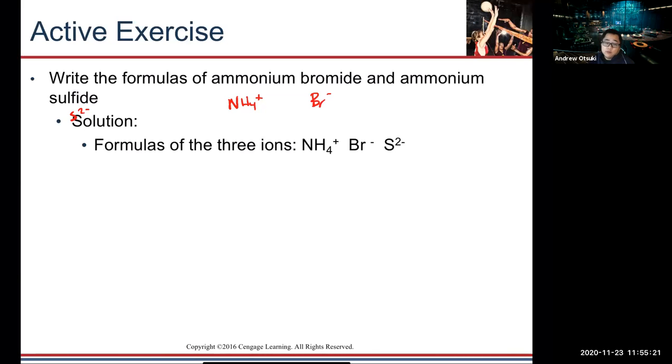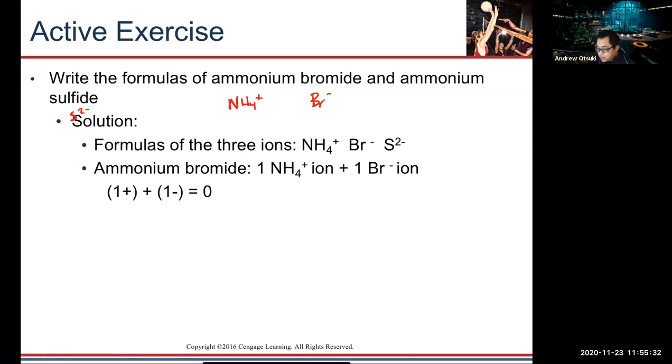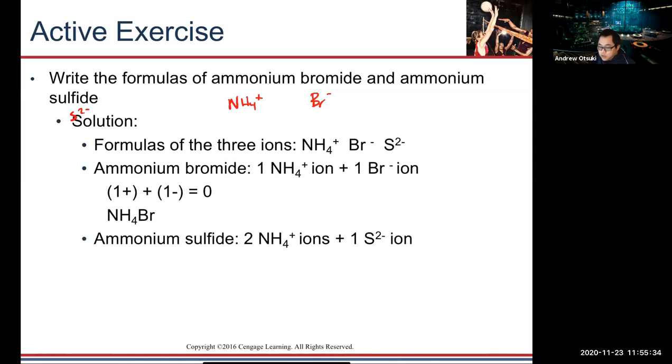Here are the formulas of the 3 ions, and then ammonium bromide, a 1-to-1 ratio. They're both of the same magnitude of charge, so we only need 1 of each ion in the formula, so NH4Br. Then ammonium sulfide, we need 2 NH4 ions to balance the charge of the S2 minus ion.